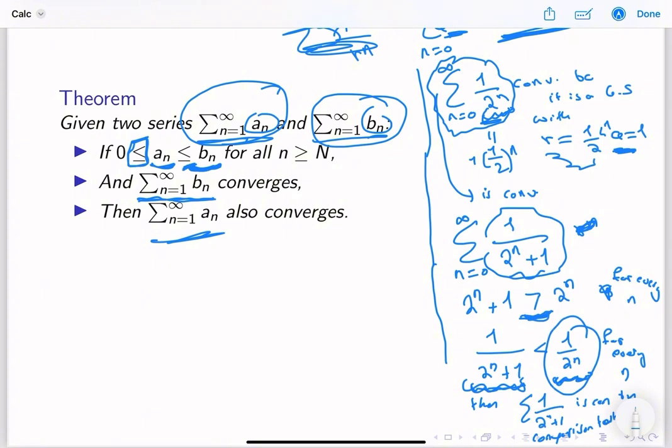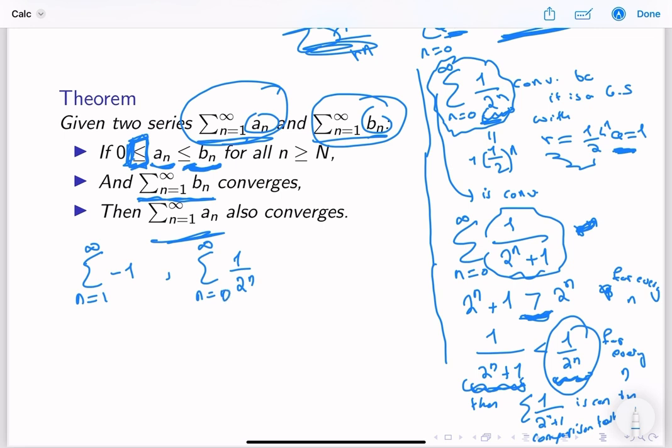Now, before I give you another example, let me just stress how important this thing is, right? So consider, for example, the sum of -1 from n equals 1 to infinity, and the sum of 1 over 2 to the n from n equals 1 to infinity, okay, or 0 to infinity.